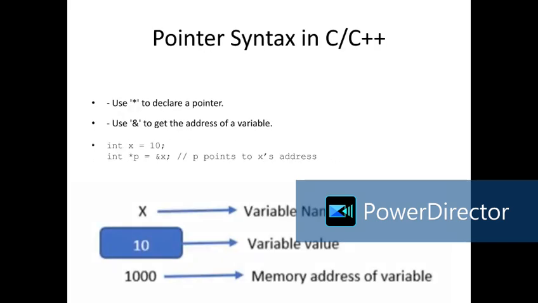Pointer syntax in C and C++. In C and C++, pointer syntax involves two key symbols, star and ampersand. Star is used in a declaration to say this is a pointer, and in dereferencing to access the value it points to. Ampersand is used to get the address of a variable.